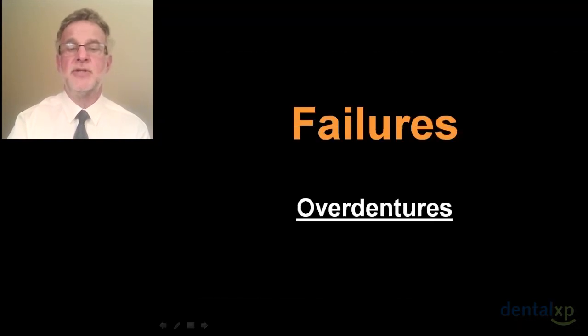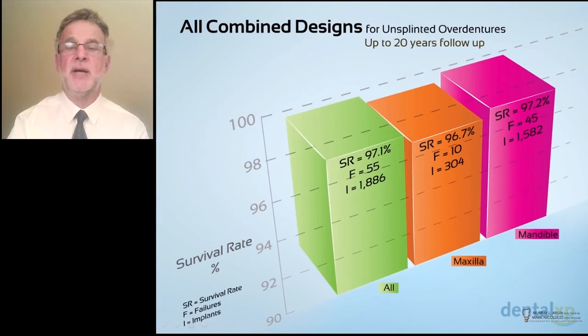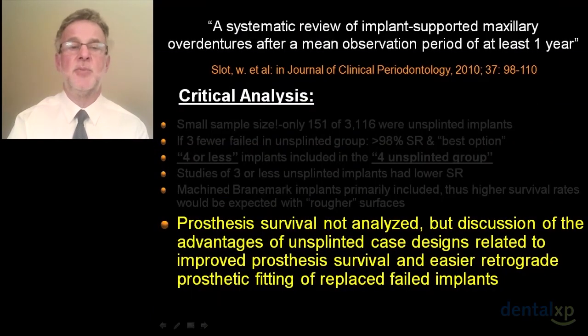So failures, that's always the interesting part, and we have failures with overdentures, but keep in mind, we don't have many failures. Our success rates are high, but let's dwell on those few percentage points of failures. And again, if we look to some publication by Slot co-workers, they do discuss that prosthesis survival, even if it's not analyzed, there's a discussion at least of the advantages of unsplinted case designs related to the survival.